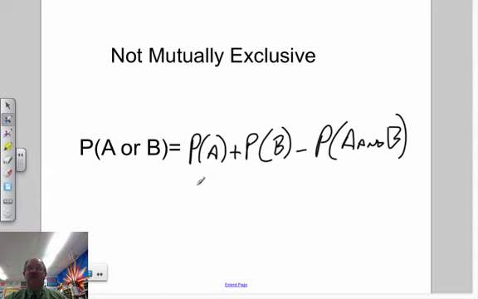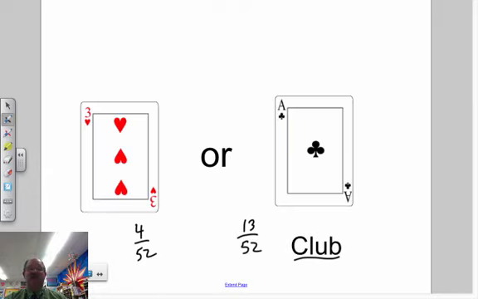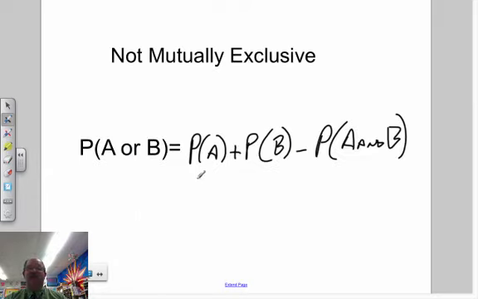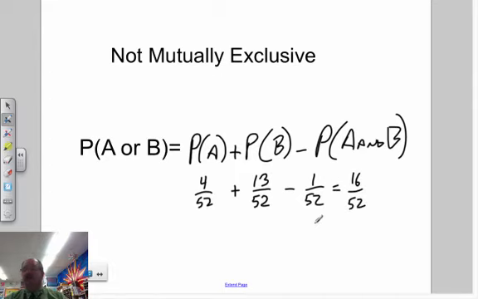So the probability that we got the 3 was 4 out of 52. The probability that we got the club was 13 out of 52, and then we've got to subtract the probability that we end up with the 3 of clubs, which is only one of those, out of 52. And so we have 4 plus 13 is 17, minus 1 is 16 out of 52.